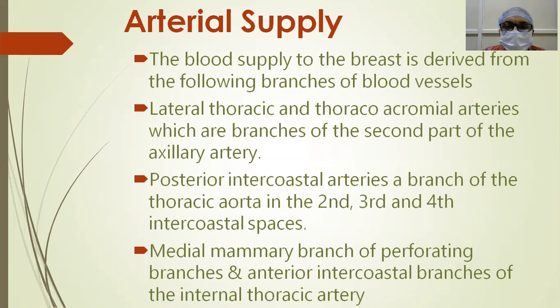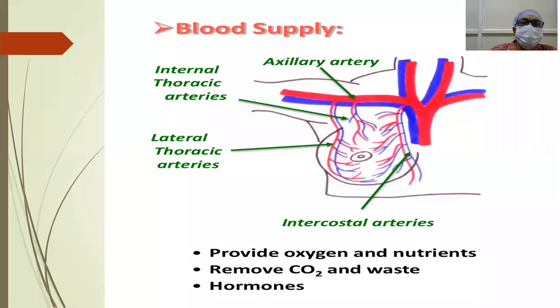The posterior intercostal arteries, a branch of the thoracic aorta, in the second, third, and fourth intercostal spaces. And the medial mammary branches, perforating branches of the anterior intercostal branches of the internal thoracic artery.